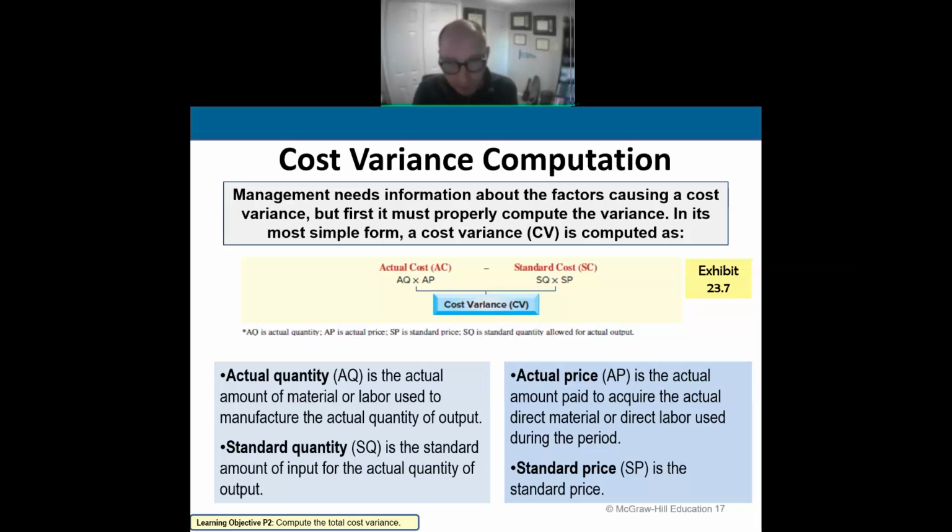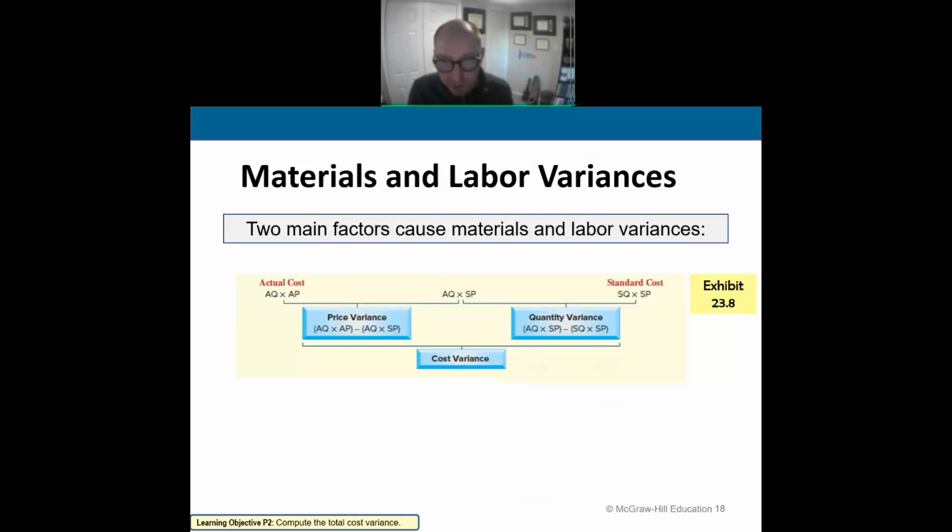Minus my standard cost: standard quantity, the amount it normally takes, the amount of time it normally takes, times the standard price, the amount that I would normally pay, to get my cost variance. In materials and in labor, we find the price variance and the quantity variance to get the total cost variance. I know, it sounds crazy, right?